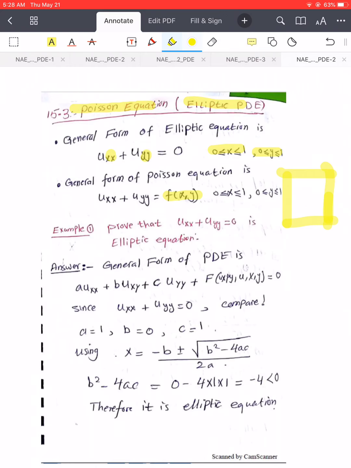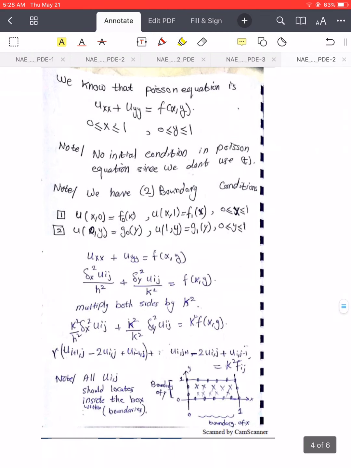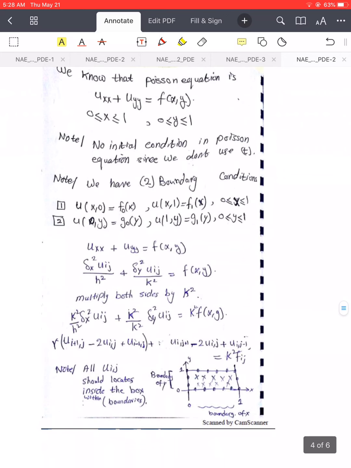So how to do this? Similar to what we did before, we have to use some conditions. This is the equation written here again, making sure that it is of this negative type, which means elliptic equation. So here is the method again.